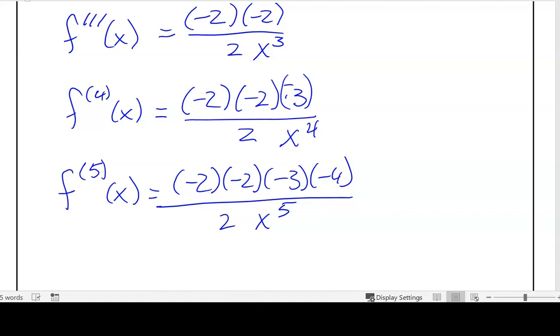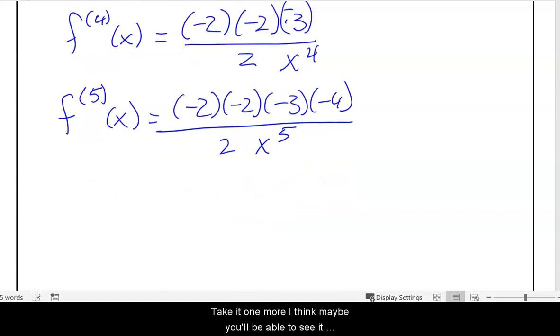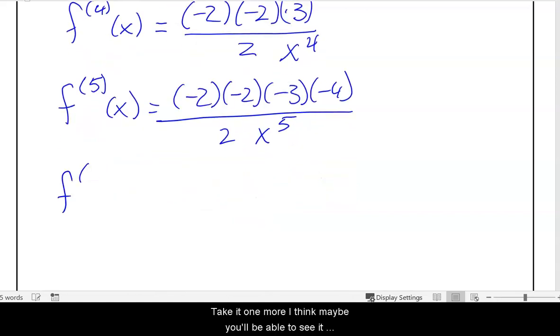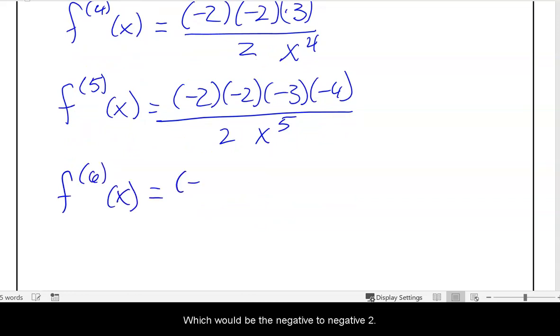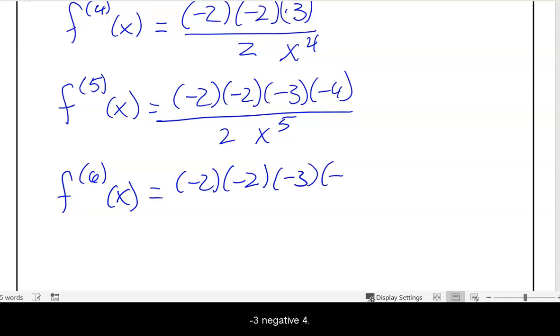So if I take it one more, I think maybe you'll be able to see it as well, if you haven't already, which would be the -2, -2, -3, -4, -5, all over 2x to the 6th. Okay.